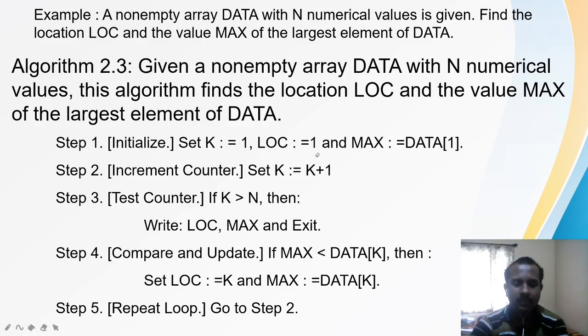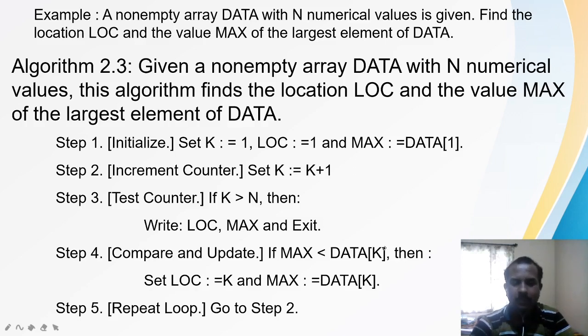Now, if this is not the case, that is, k is less than or equal to n, then what are you going to do? You are going to compare the maximum element with the data of k. At the beginning, data of 1 is compared with data of 2, right? Because we are assuming the first element is the maximum element, then you compare that with data of 2.